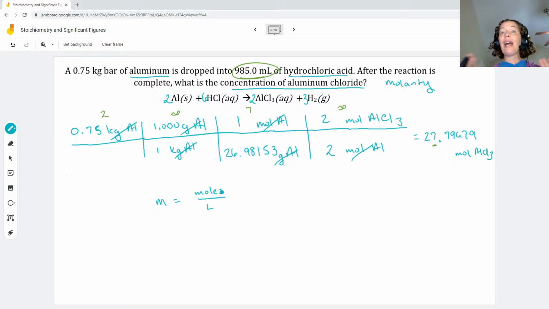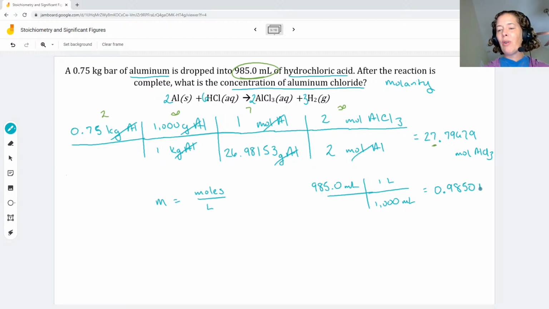So we need to do what I call a side calculation first, and we need to convert this milliliters into liters. So if I have 985 milliliters, to convert that into liters, just use the conversion factor of 1,000 milliliters in 1 liter. And all this does is bump the decimal place 3 spaces to the left. So I have 0.9850 liters of solution. Now I have all of my numbers that I can plug into my calculation for molarity.